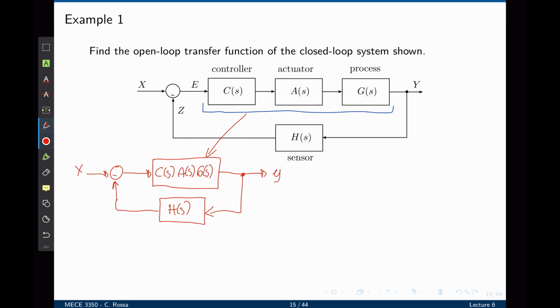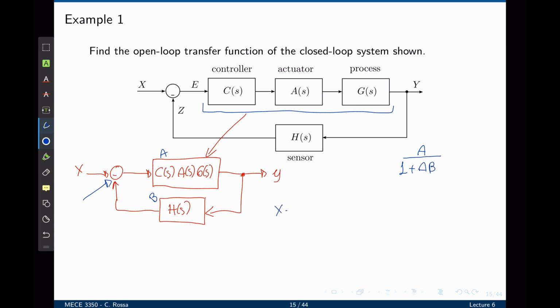Now the next step is to eliminate the feedback loop. This feedback loop has a line function h of s. So let's call this function a and this function b. We know that to eliminate that specific feedback loop, that will result in a over 1 plus, because of the negative sign here, a times b.